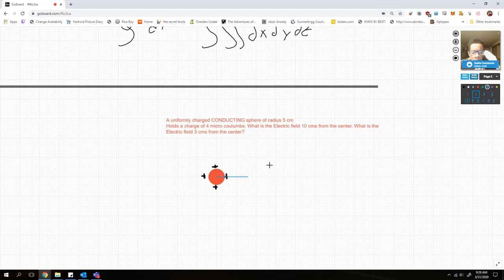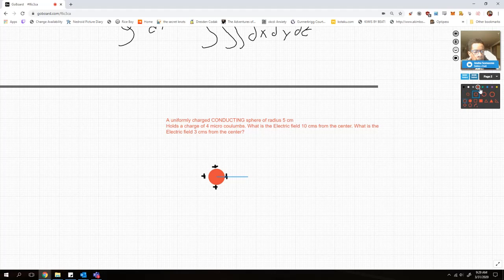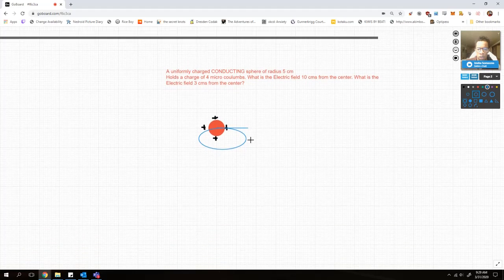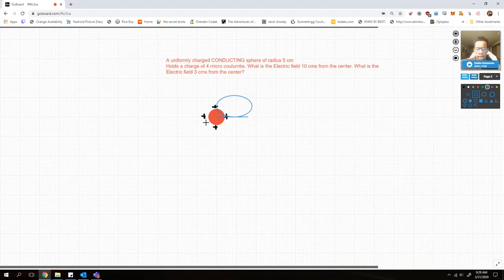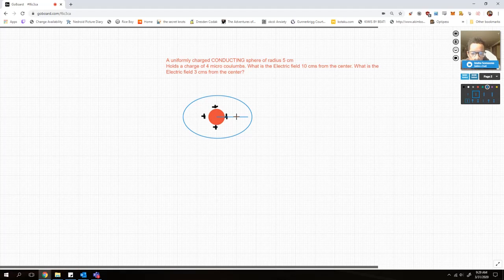So if this length is 10, my Gaussian sphere would be exactly at that radius. Pretend this is a sphere. It's kind of hard to do.